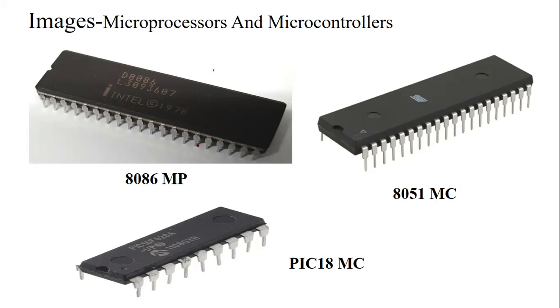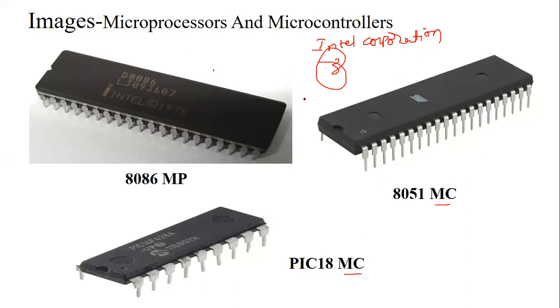We can observe these three different types of devices. All the devices, whatever you are going to study, are developed by the Intel Corporation. All three devices are developed by Intel: the 8086 microprocessor, the 8051 microcontroller, and the 80 microcontroller.